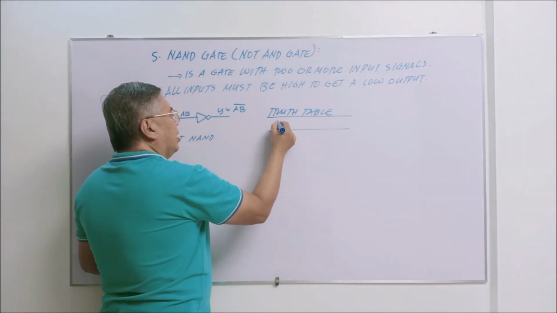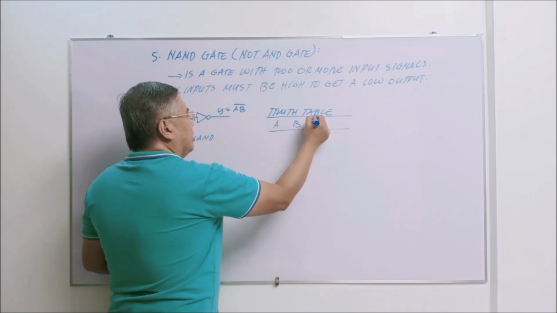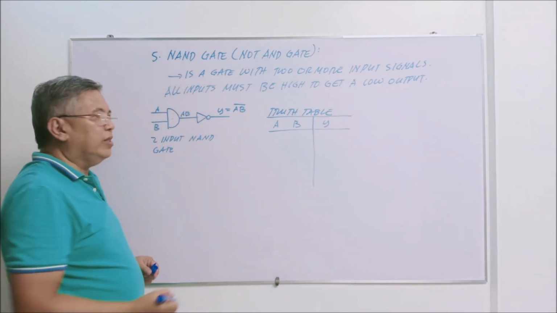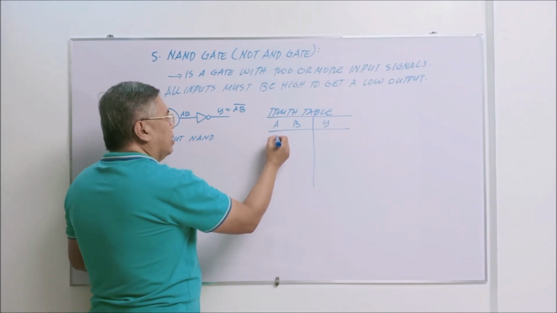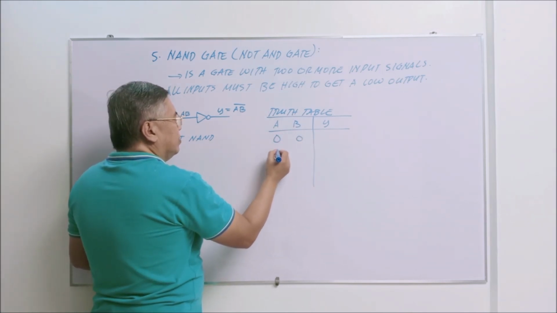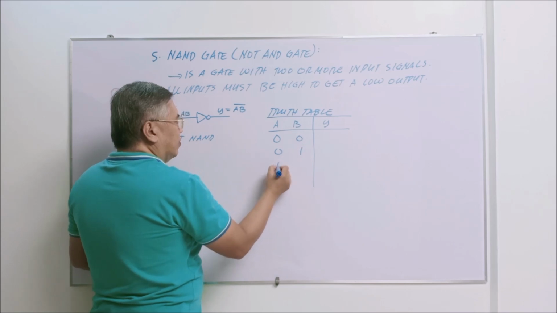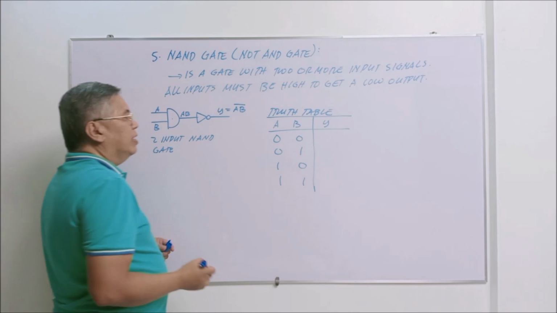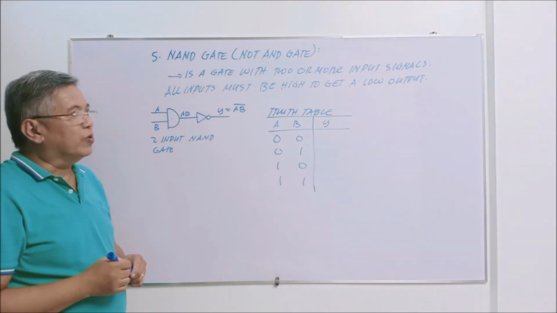You have inputs A and B, and the output represented by Y. The combinational values of A, B are 0,0, 0,1, 1,0, and 1,1. And what will be our output?